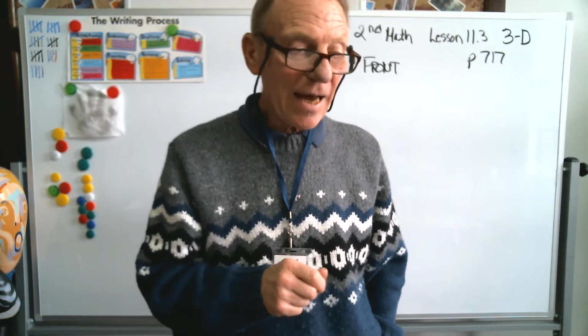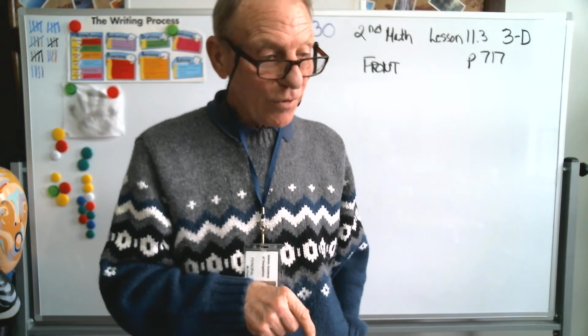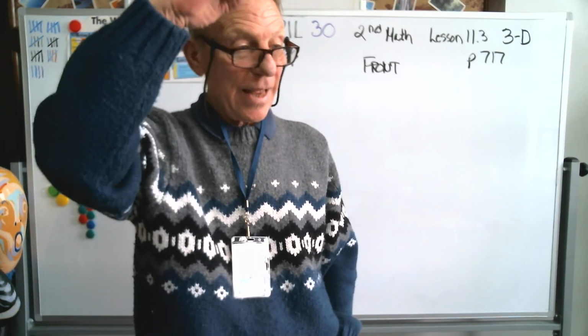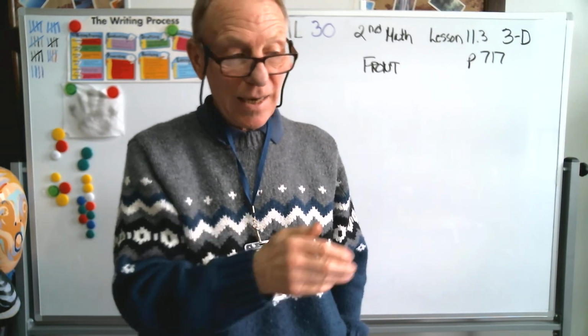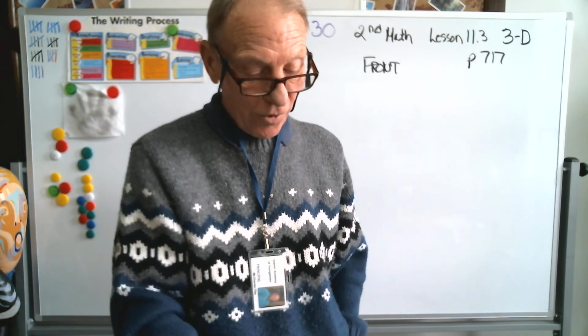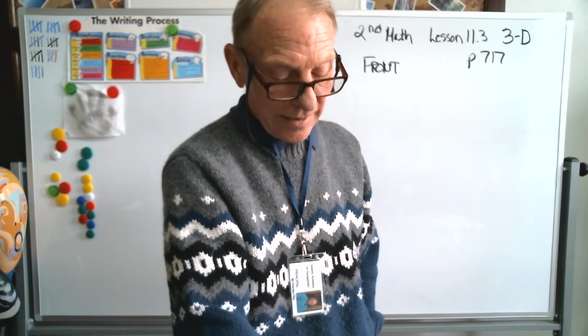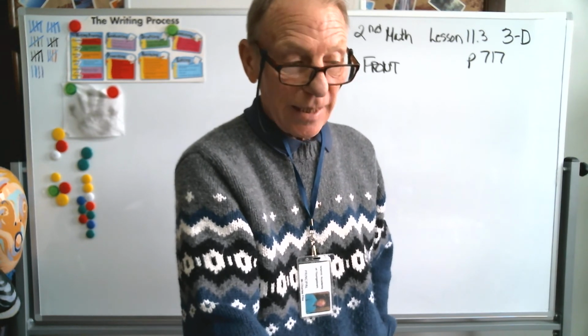So the first thing you have to do here, kids, is you got to figure out how many blocks are in that first one. And you can see that there are 3 layers going up. It goes back 3 deep, and it's 3 across. So in each one of those layers, there's 3, 6, 9. There are 9 blocks in each layer.